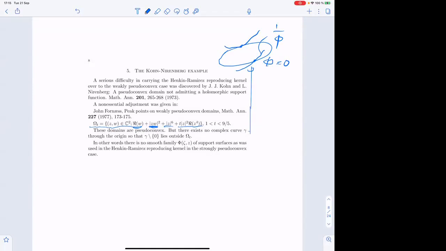And then they are pseudoconvex. But these curves that you try to make through the origin, which is on the boundary, just have to enter the domain. They cannot lie outside. Not possible. So there is no smooth family phi of zeta and z of support surfaces as was used by Henkin and Ramirez in the reproducing kernel in the strongly pseudoconvex case.